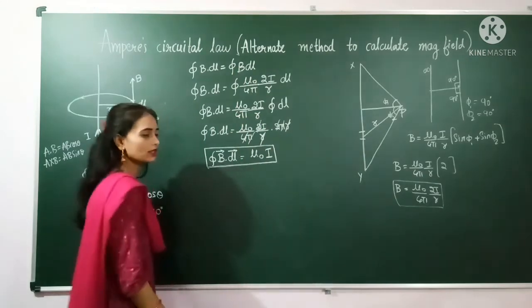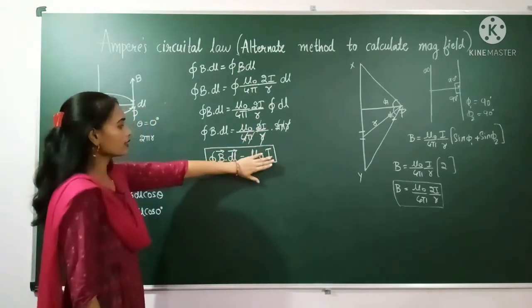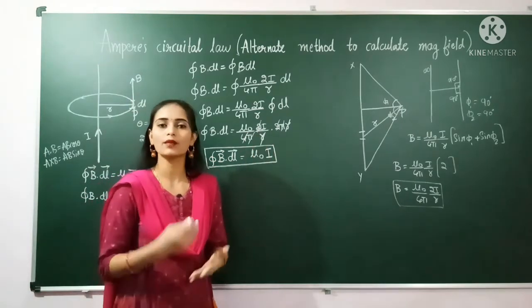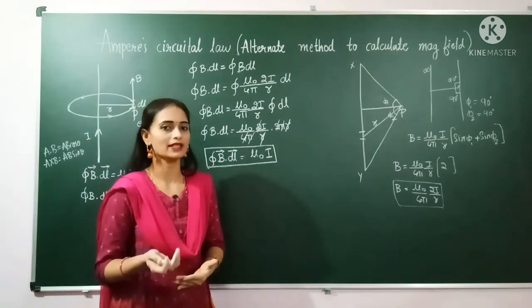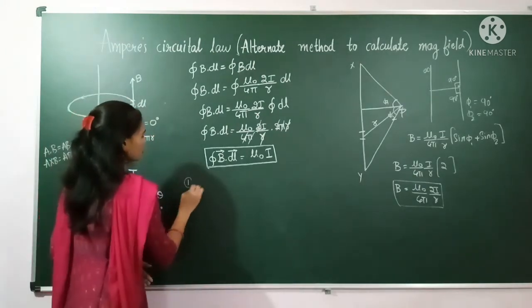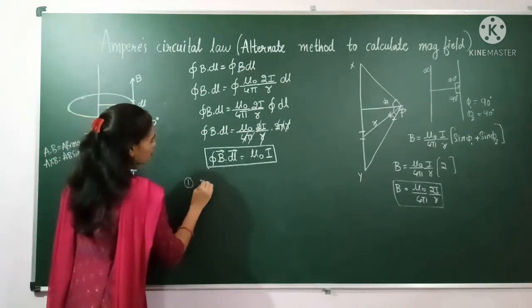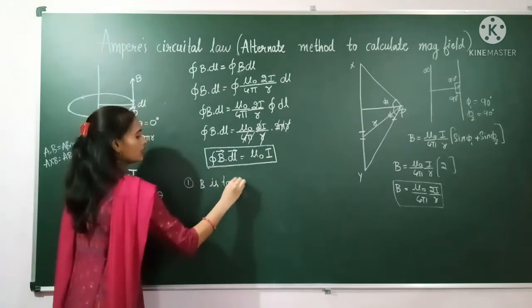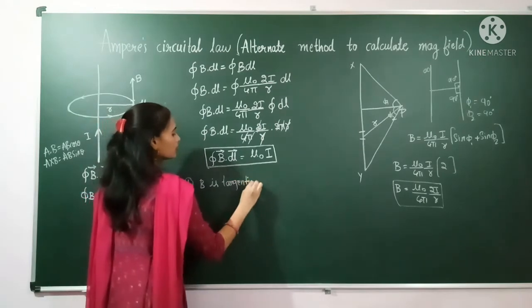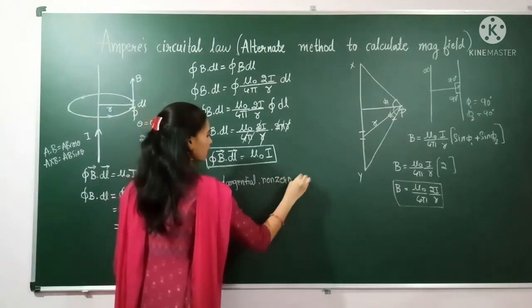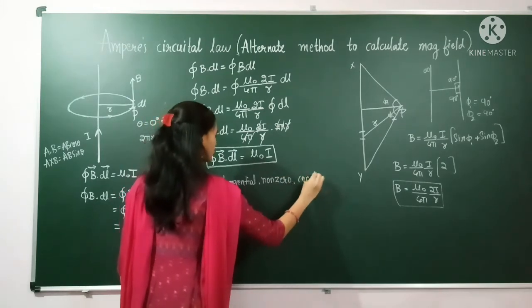Next, where is this Ampere's circuital law more useful? Actually this law is applicable in all cases, but it is useful in special cases. First case: B is tangential, non-zero and constant.